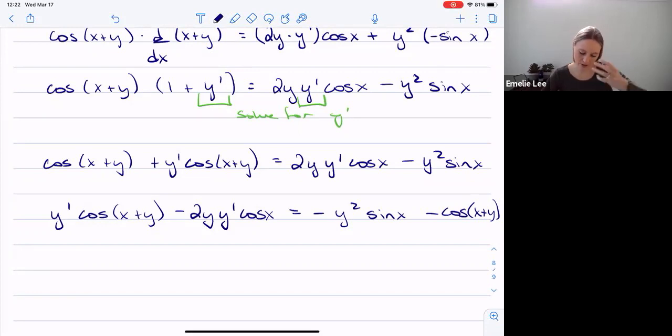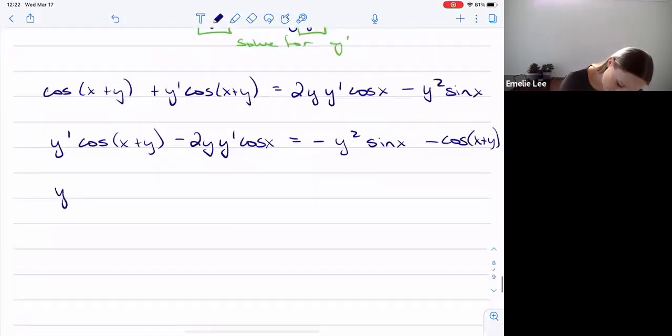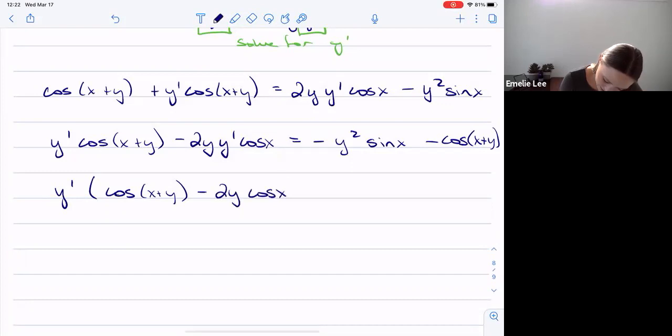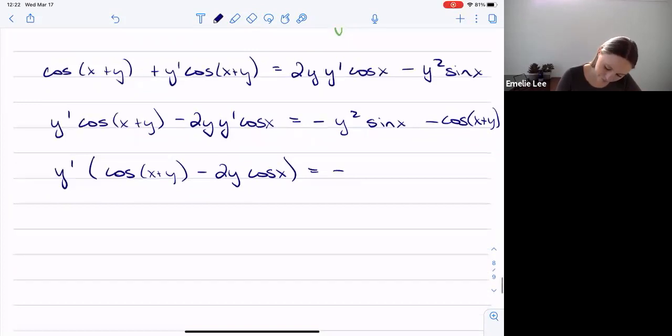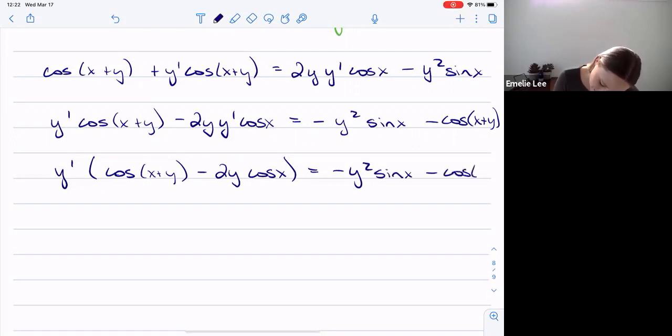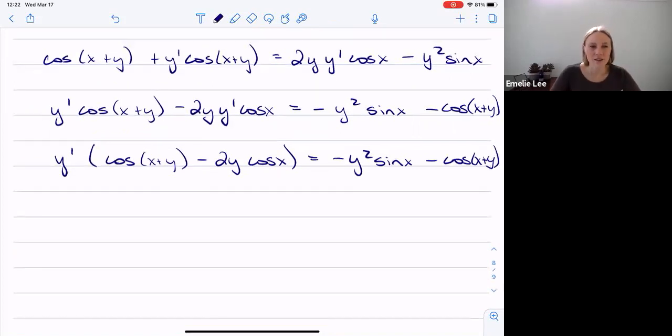So now I'm going to factor out a common y prime. So y prime times (cos(x + y) minus 2y cos x) equals negative y squared sin x minus cos(x + y). So close. All I need to do now, right, is divide both sides by all that, cos(x + y) minus 2y cos x.